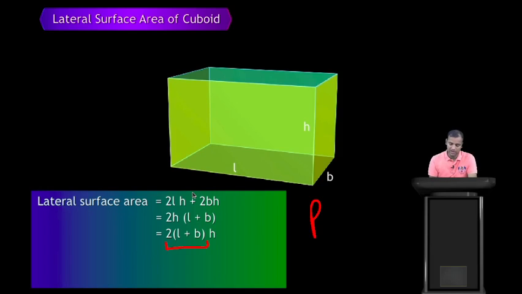This is the perimeter of the rectangle, so we can say lateral surface area equals P into H.